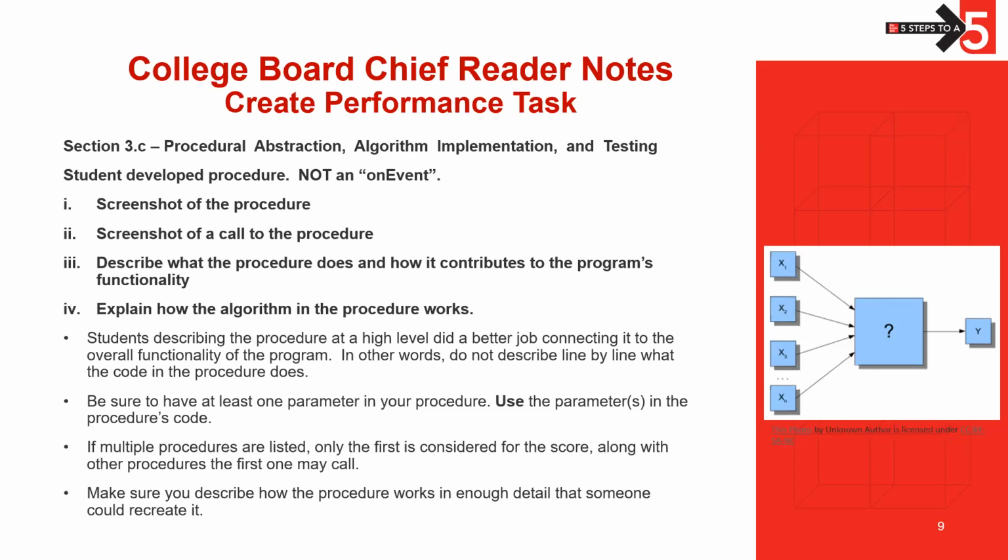And then you're going to describe what the procedure does and how it contributes to the program's functionality, all right? So these are some of the chief readers' notes here in particular. Students who describe their procedure at a higher level did a better job earning the point, basically, and connecting it to that functionality of your overall program. So don't say, oh, in the first line, I set a counter to be 0.